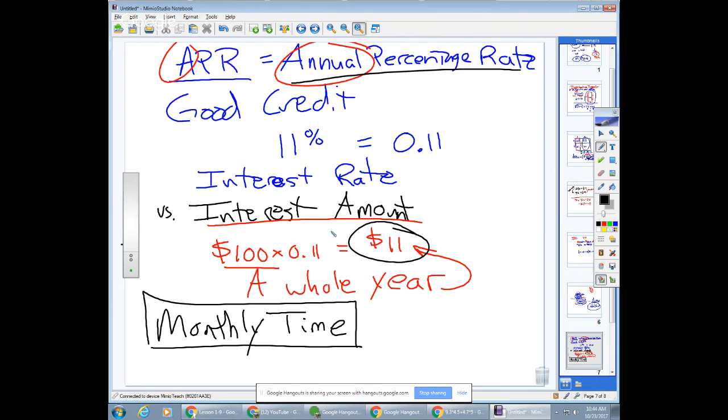Yeah, divided by 12, because there's 12 months in a year. So 12 months equals 1 year.